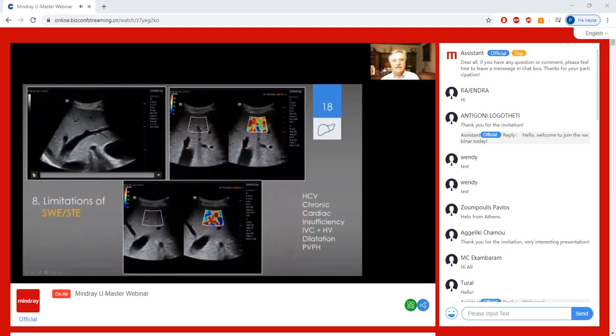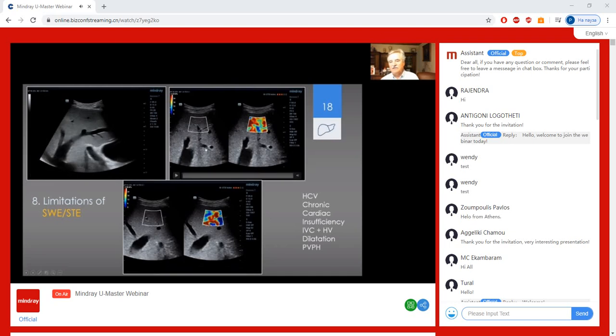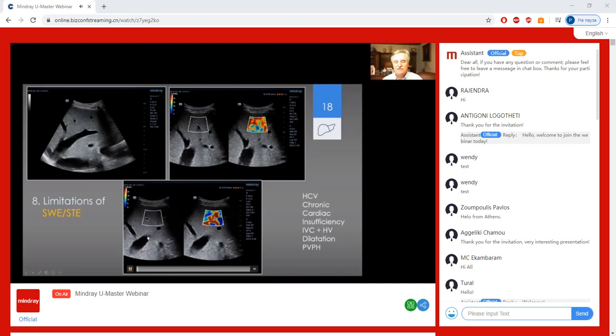Let's see a case about that, to discuss how in these patients with chronic cardiac disease there is of course dilatation of the inferior vena cava and the hepatic vein. If we pass to the elastography mode, it is very easy to see that there are many different values of elastography in the same liver segment.